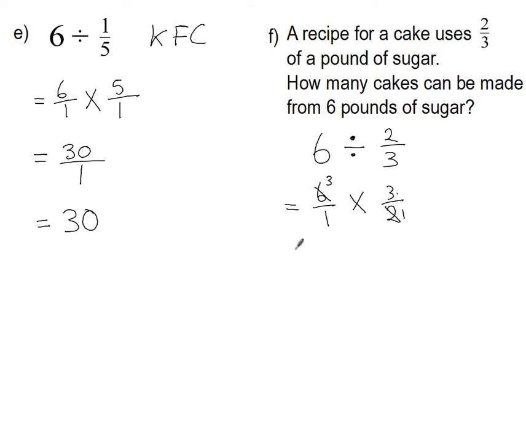No, other than 1. So this is going to be 3 times 3, which is 9, over 1 times 1, which is 1. That means then that you can make 9 cakes. So make sure that you answer the question. 9 cakes can be made.